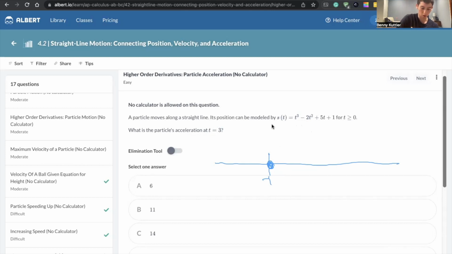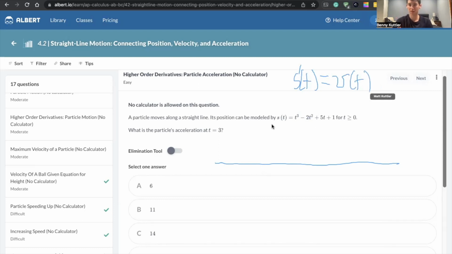But we're also going to be asked for the velocity or the acceleration. So the derivative of the position is equal to the velocity. That makes sense.